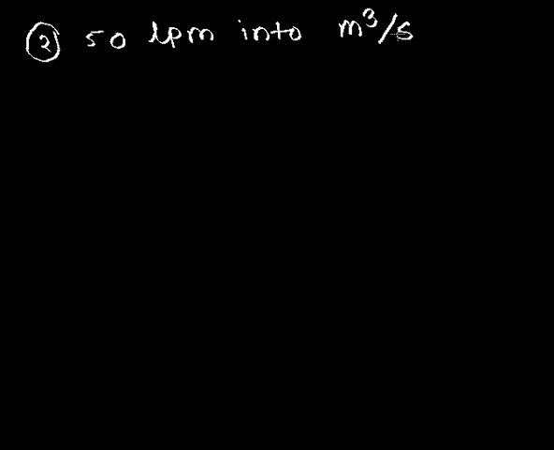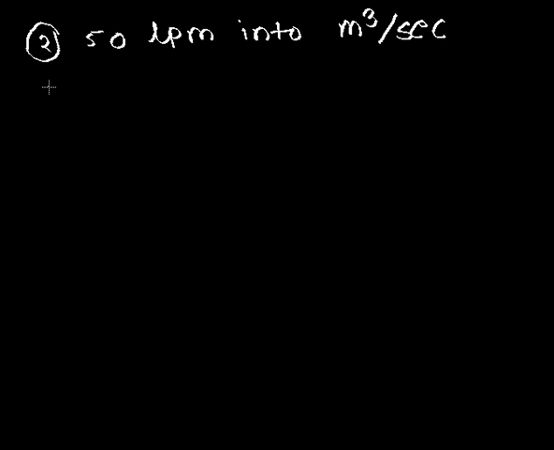Now let us try one more, a second problem. This problem is 50 lpm, that is liter per minute, a unit of discharge, into the SI unit we use, meter cube per second for discharge.